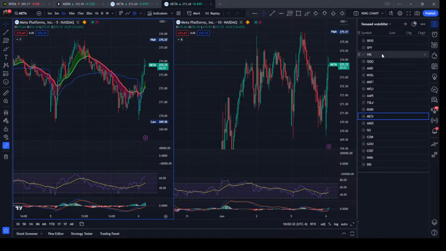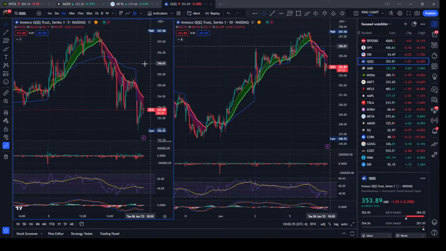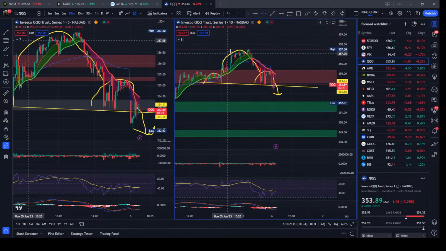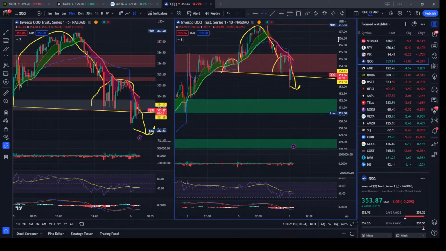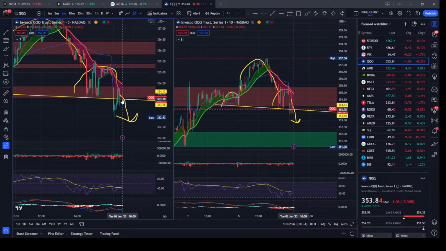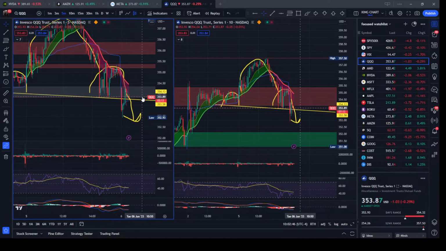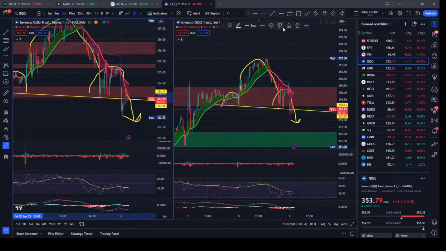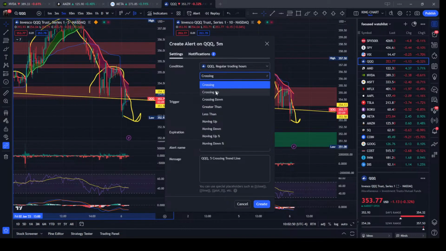Let's just pull up Qs real quick. Yeah, Qs are looking to go back down. See how it's starting to lose that demand zone? Yeah, I'd wait until we break below that neckline.